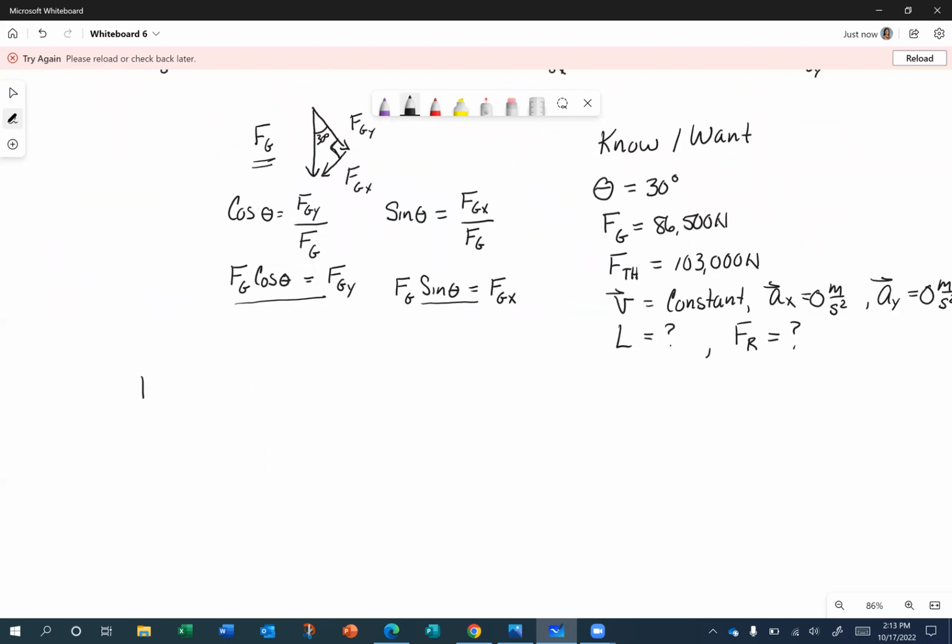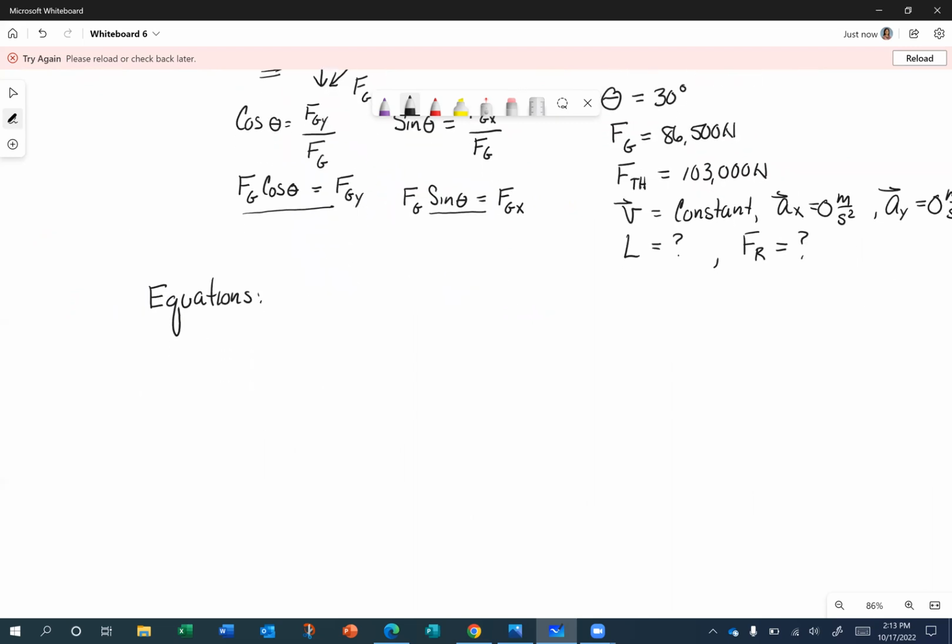So what do our equations tell us? So remember, we always want to do it in the x. And the y. So if I add up the forces in the x, I have a force thrust.